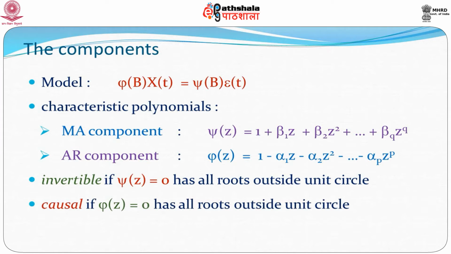Similarly, we will say that the process is causal if phi(z) equal to 0 has all roots outside the unit circle. Again, phi(z) is the AR component characteristic polynomial, and remember that an AR model is causal if its characteristic polynomial has roots outside the unit circle. So, again this translates to the ARMA model as well.